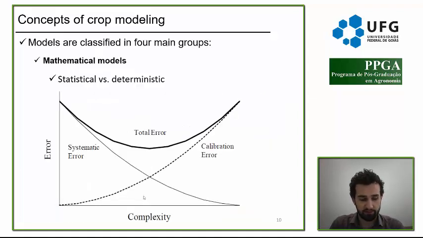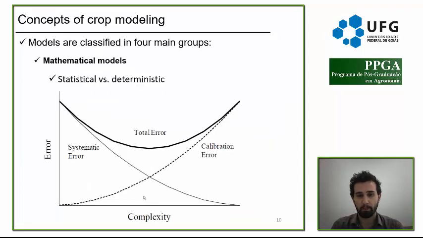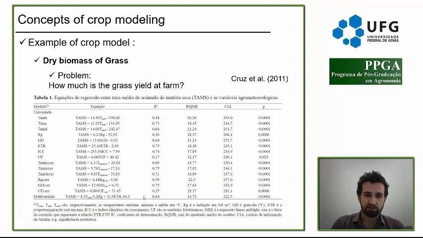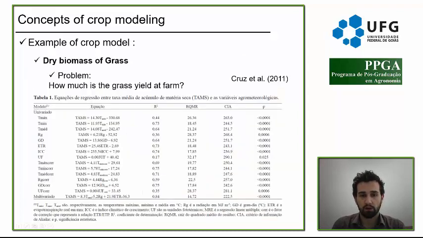And here we have a very simple comparison between a statistical model, that is this example here, with a direct relationship between our input and our output from the simulation, compared with a deterministic model, a more complex model, with more interactions and more parameters to represent our system. That is the case of this ART that you are going to use in the future.